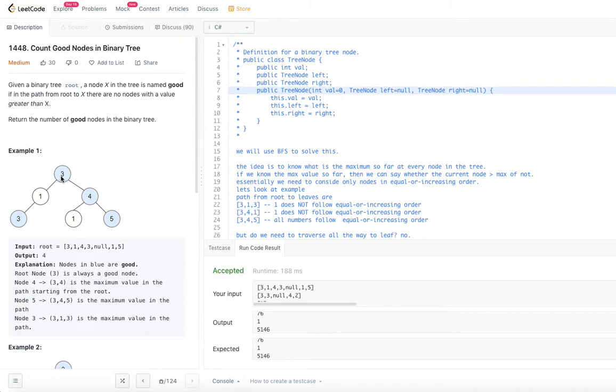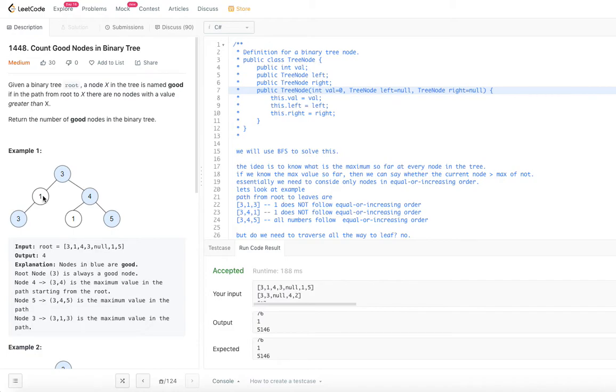And I'm going on to the left subtree first. So 1. Is 1 greater than 3? No. The path from the root node to 1 is 3, 1, so 1 is not greater than 3. So we will say 1 is not a good node.